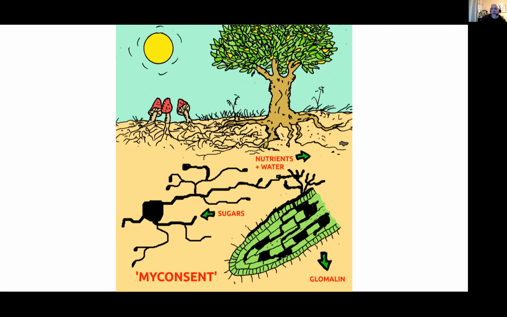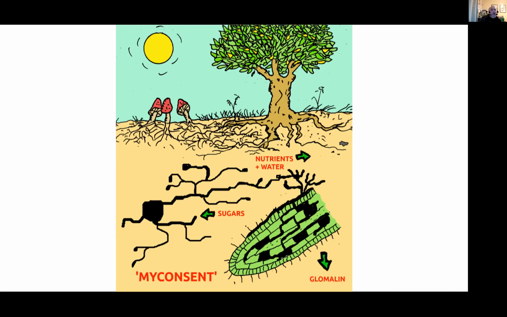So quite often when you read about these fungi, some of the language can be a bit problematic possibly. You quite often hear terms like the mycelia will invade the roots of the plant, or they'll colonize the roots of the plant.